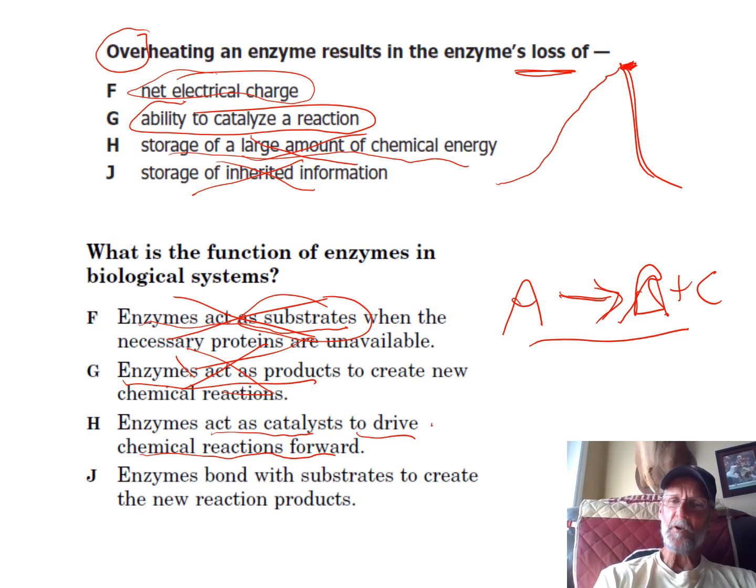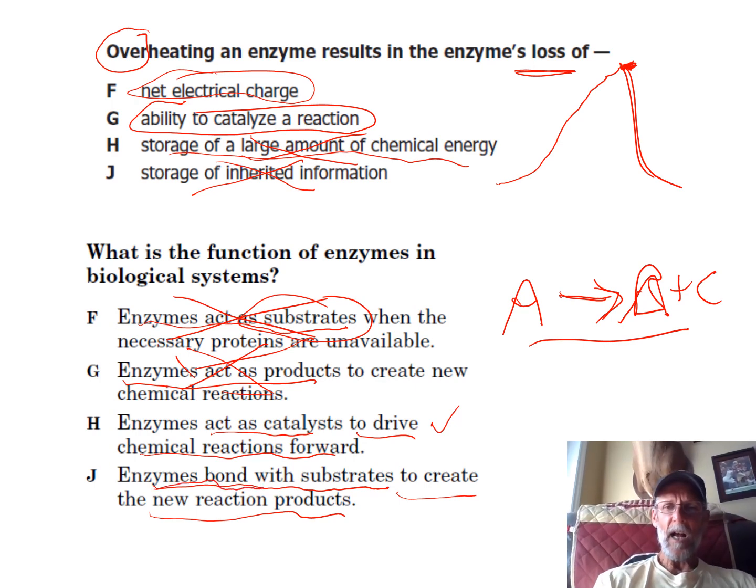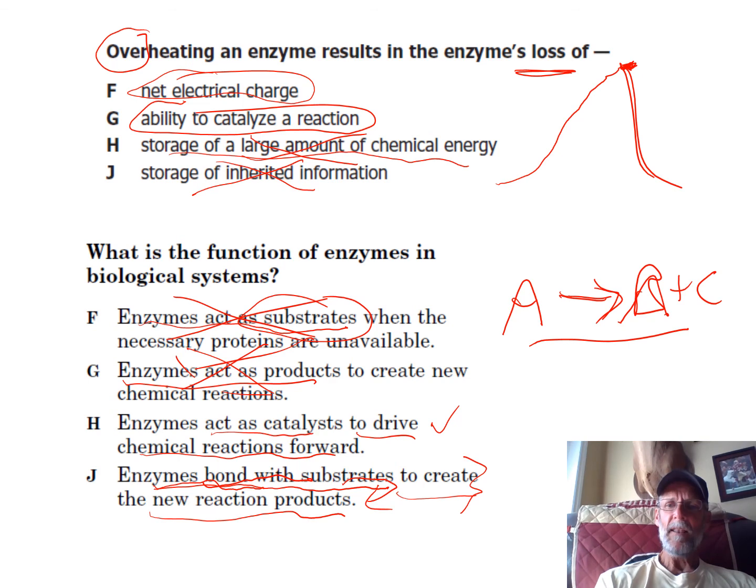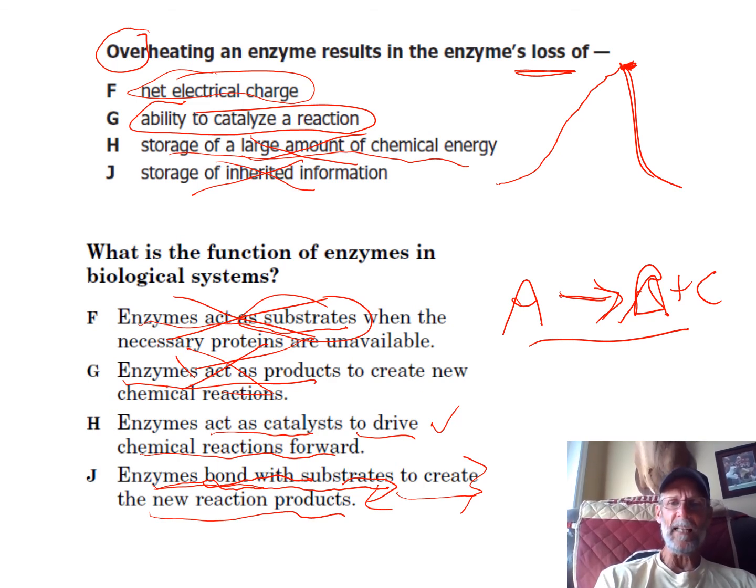So don't just get to a decent one and not read the other ones. Enzymes bond with substrates. Oh, wait a minute, that's pretty good. To create the new reaction products. That's kind of right, but remember what actually created the products was a collision. So if you read this literally word for word, you see the weakness of this answer. Enzymes combine with substrates, but they don't covalently bond to them to form products, and that's what this says. So while this is kind of okay, that's the problem with this description, and that's why this is the best answer.